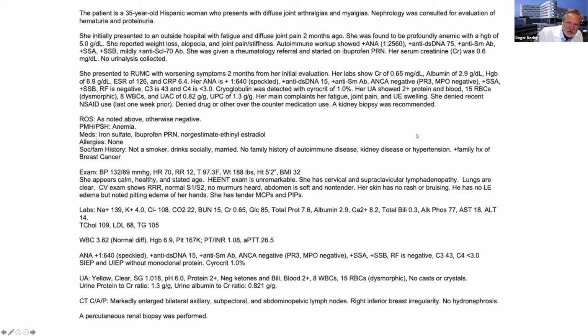Dr. Suki, do you have any thoughts, anything to add to this case? I think all the possibilities have been mentioned. I was thinking of the possibility of 2 diseases like IgA nephropathy and lupus, both of which can occur in a Hispanic young woman, but that's the extent of my alternative thoughts.